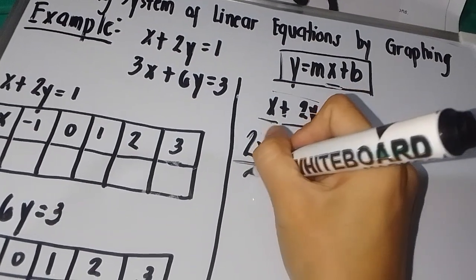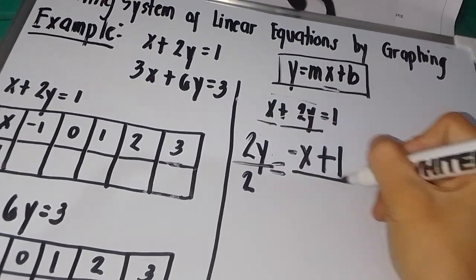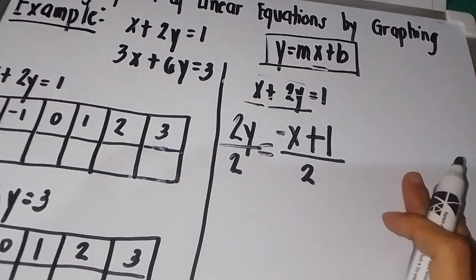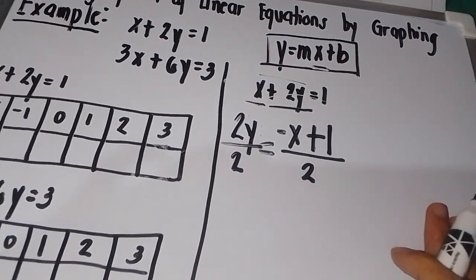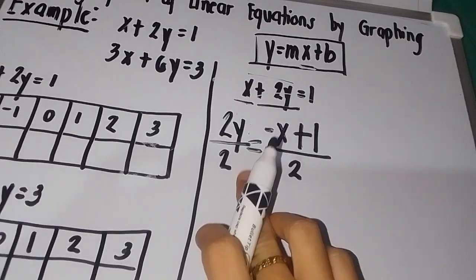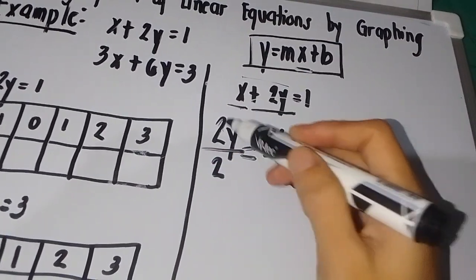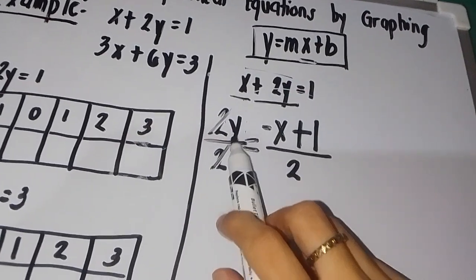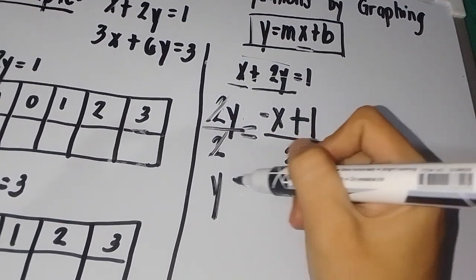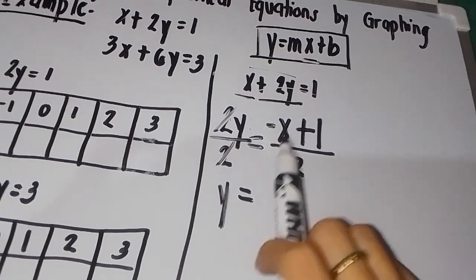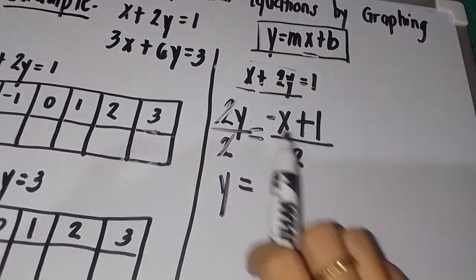So, divide both sides by 2, positive 2, positive 2, because whatever we divide on the left side must also be done on the right side, by the property of equality. On the left side, 2 divided by 2 is 1, so that cancels. What is left is variable y equals, on the right side, first term divided by the denominator.